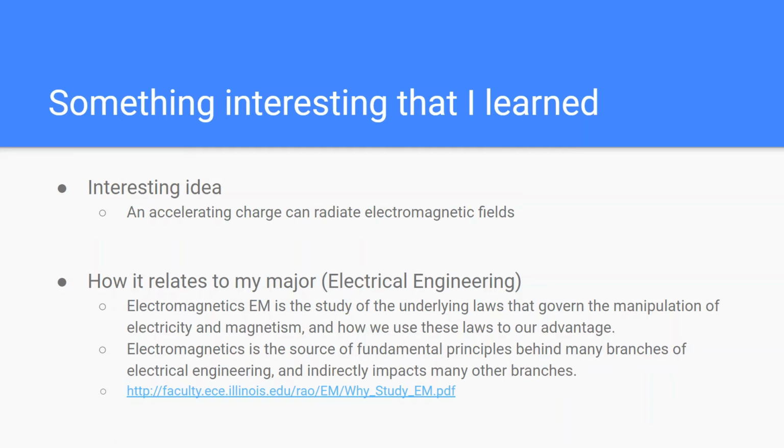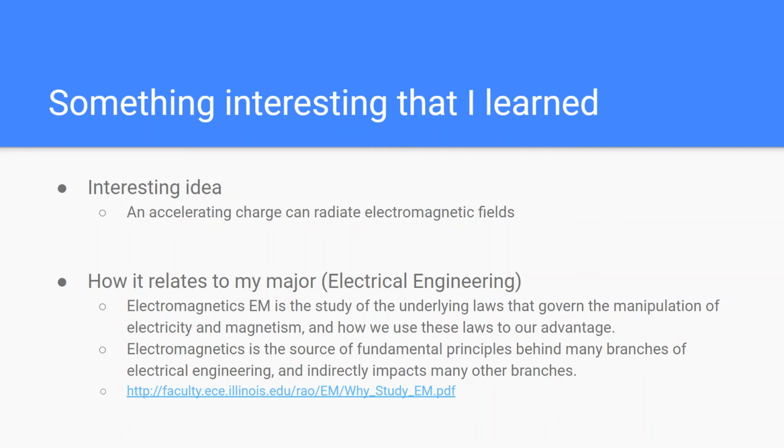Something interesting that I learned this week was that an accelerating charge can radiate electromagnetic fields, and I just did not know that a charge can not only create an electrostatic field but also a radiating electromagnetic field. And how it relates to my major in electrical engineering is that electromagnetics is the study of the underlying laws that govern the manipulation of electricity and magnetism.